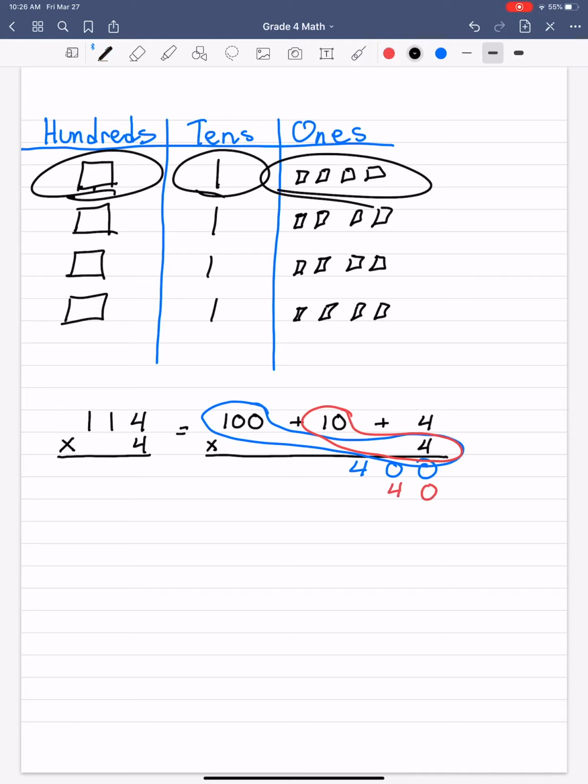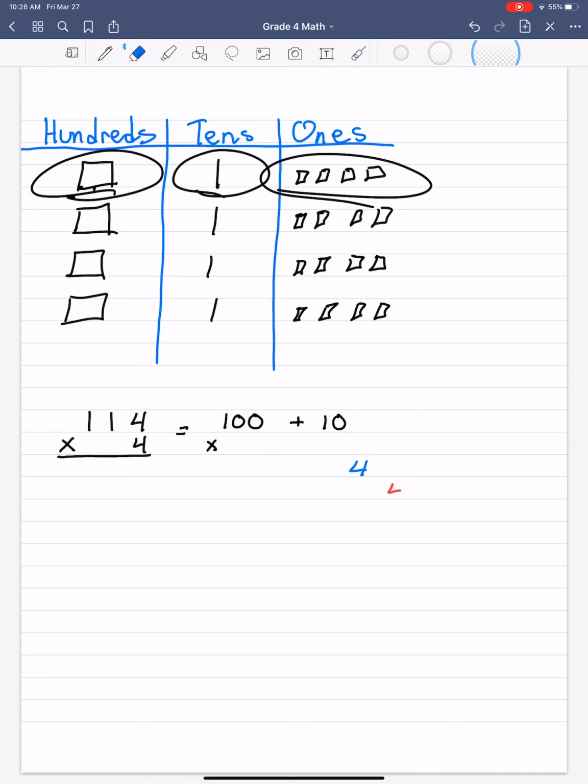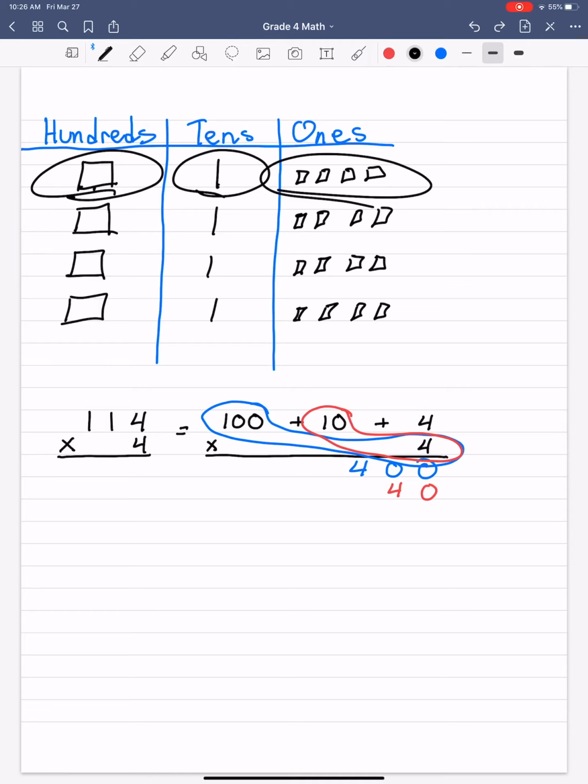And finally our ones, 4 times 4, which is 16. And then we add those together. So we have 6, 5, 4. 456 will be our answer.